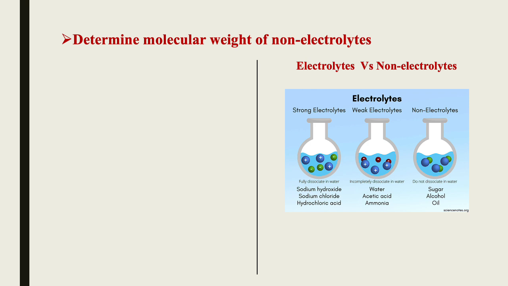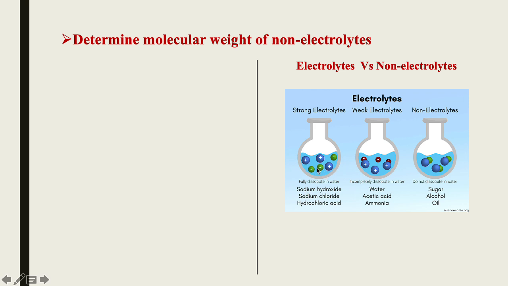Before going to this topic, we will see what is meant by electrolytes and non-electrolytes. As you can see on the right-hand side, there is a beaker. Inside the beaker, three positive ions and three negative ions are dissolved in water.